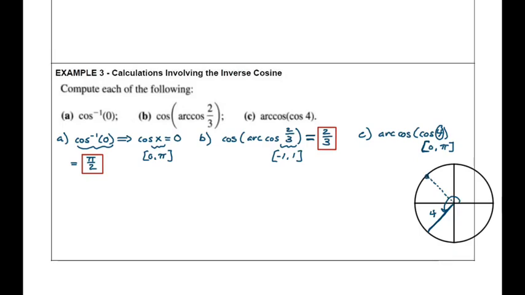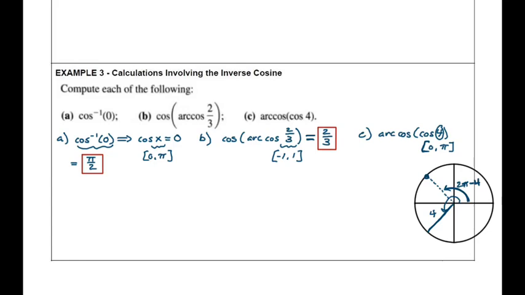So the way you'd find that is, I'd basically have to figure out what that angle is, which if you look at where those two angles touch the unit circle, they would have the same x value or the same cosine value. So how do I find that angle? Well, if I go 1 revolution, which is 2 pi, and then back up 4, that would take me to the angle in quadrant 2.